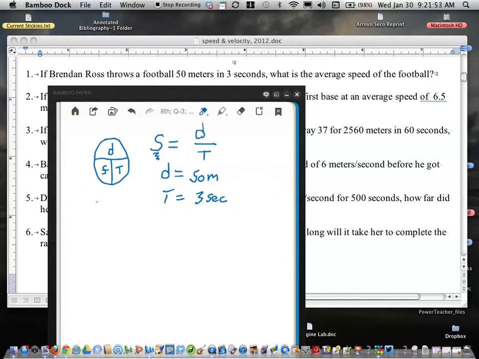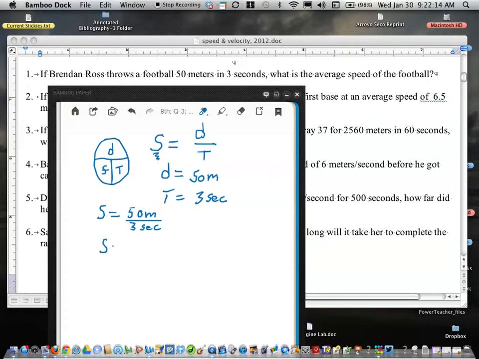Now we plug and chug. S equals D is 50 meters. So we write in 50 m divided by T, which is 3 seconds. Okay, that's the next step.